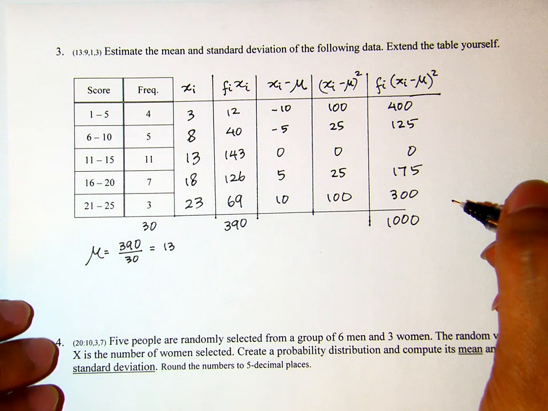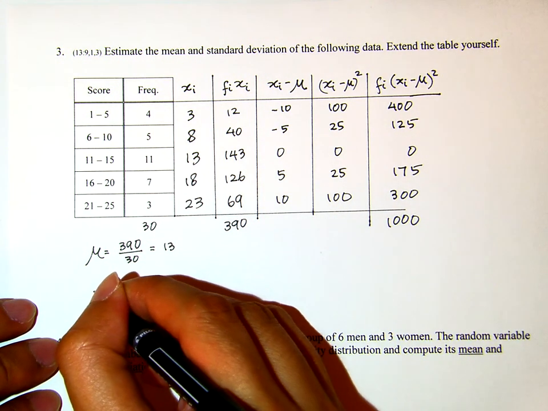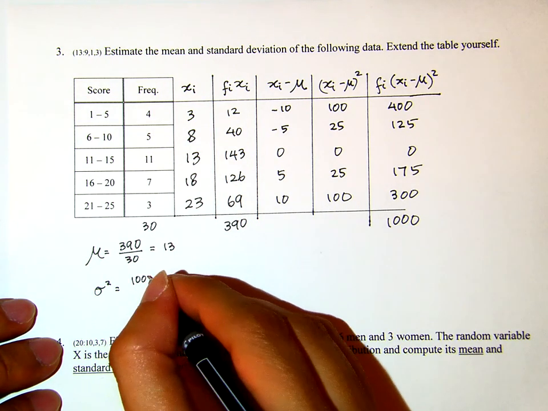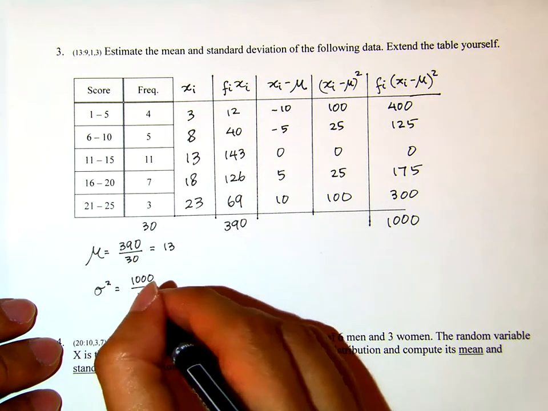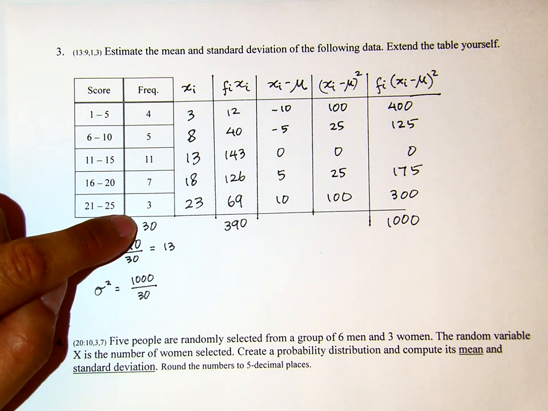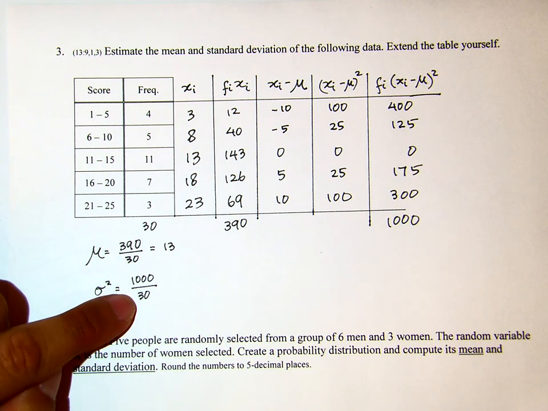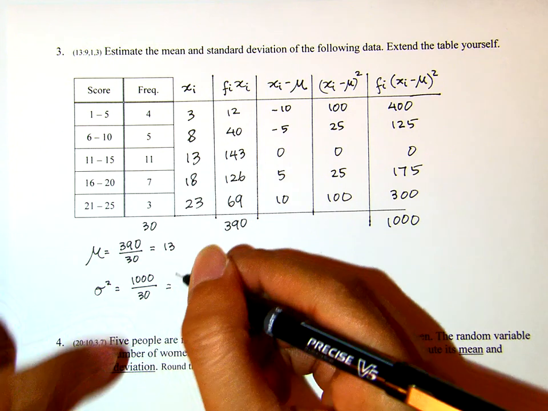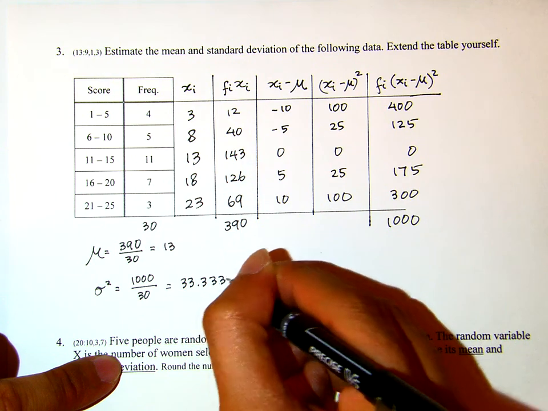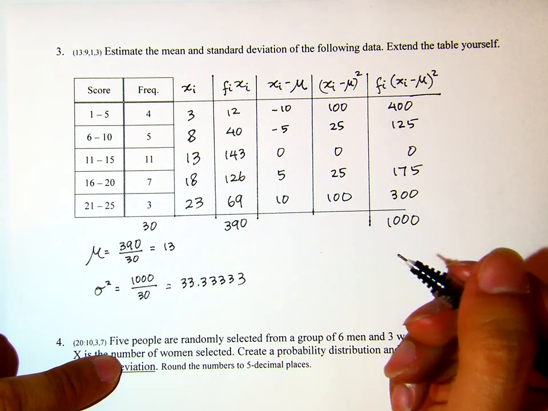Now therefore the variance will be that number, 1000, divided by the sum of the frequencies. Because this is assumed to be a population, we divide by the number of data we have. But if this is a sample, don't forget to subtract 1 on the denominator here. Now if I divide this, I will get 33.33333, 5 decimal places.